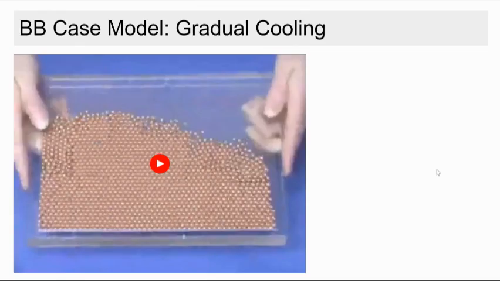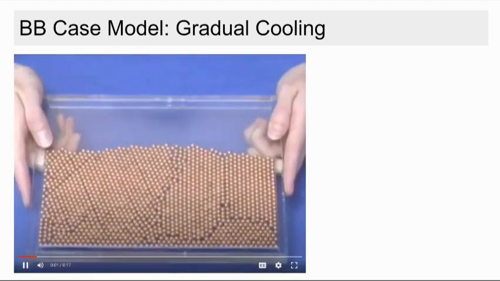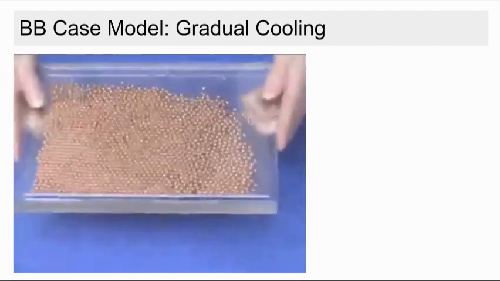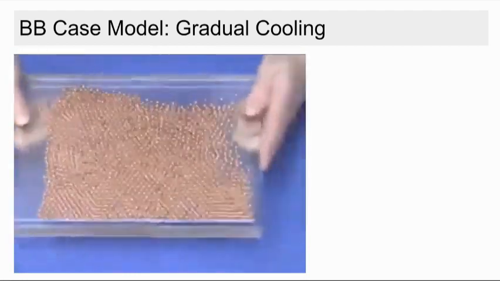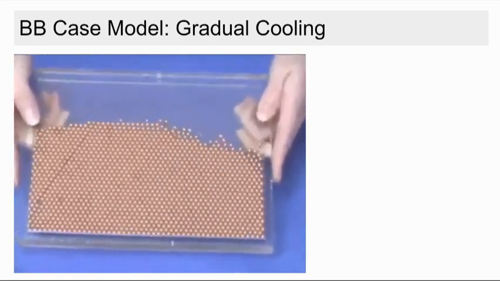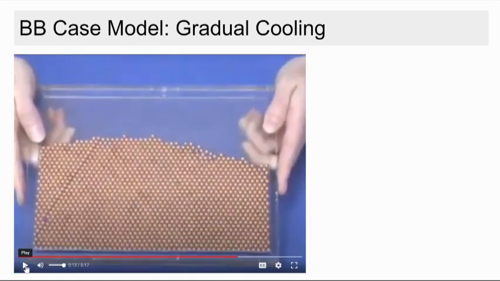So let's look at an atomic view model. We've already examined this last semester, in our BB case activity, where we can see at the molecular level what's happening when we anneal or gradually cool a metal over time. So you can see at the atomic level that you have extremely few defects.